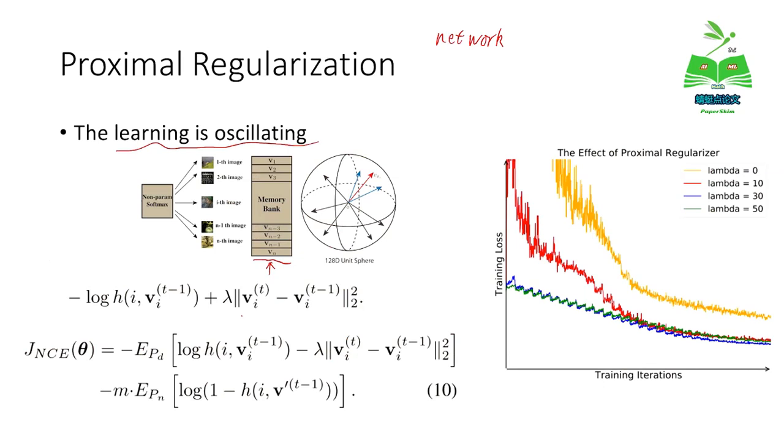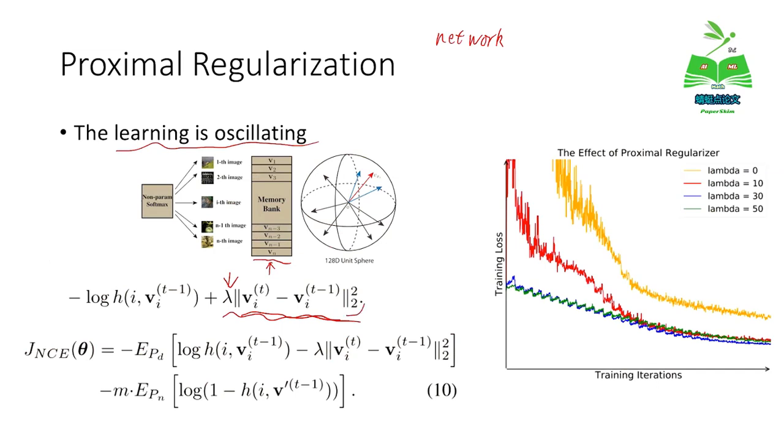So they want the change to be small from iteration t subtract 1 to iteration t. They just add this proximal regularization with the coefficient to let the change be small.